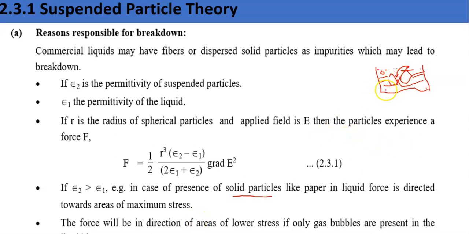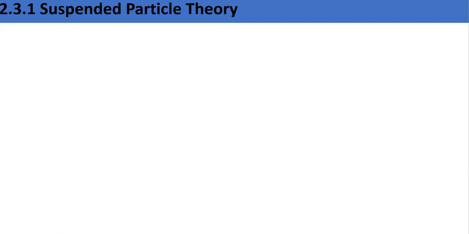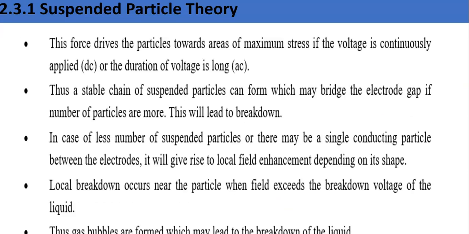Away from the electrode it will be less, but the force is very high here. The force will be in the direction of areas of lower stress if only gas bubbles are present in the liquid. So for gas, it will be in the area of lower stress. For solid, it is in the area of higher stress. Okay, that is the situation.